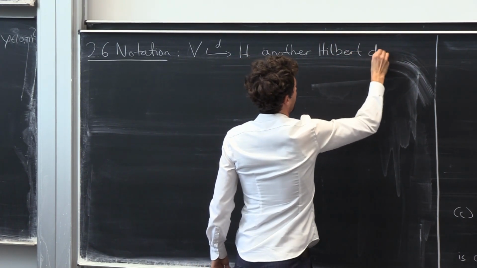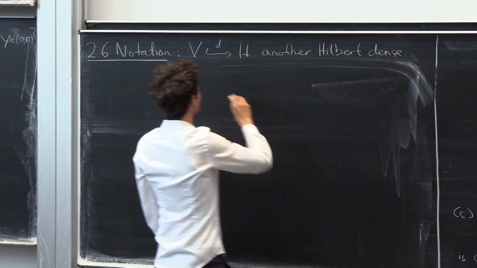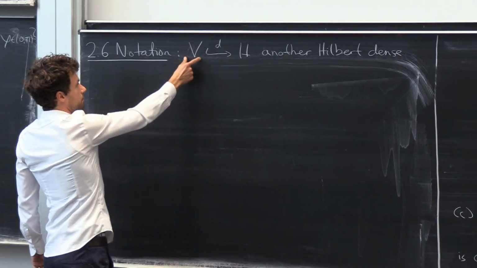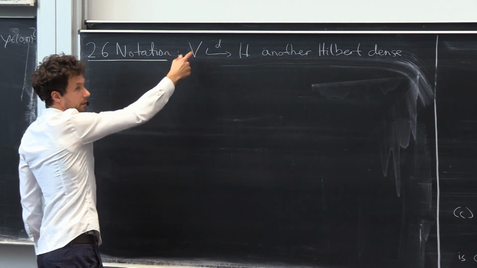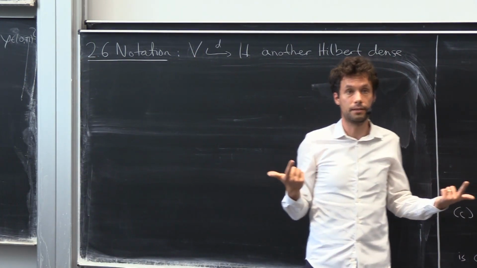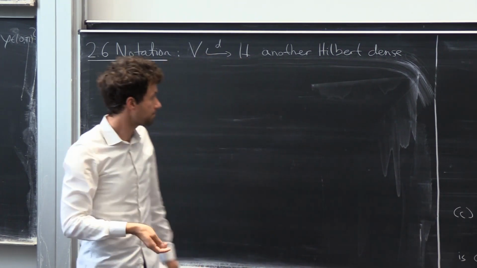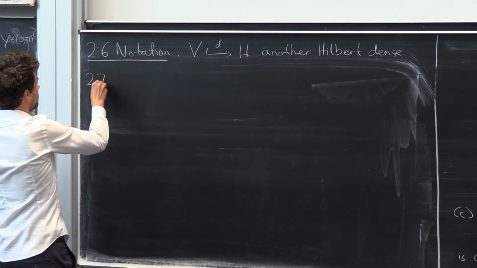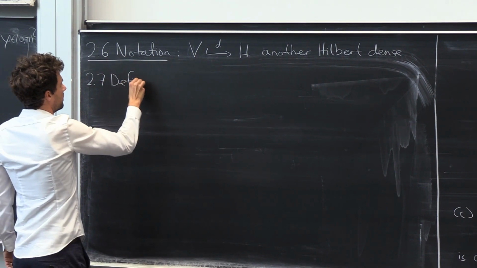Okay, and I want the embedding, or inclusion if you want so, of V into H to be dense. Now, the sesquilinear forms, they will act on V, but they will induce operators in H. And that will be important for us. Okay, so 2.7 definition.